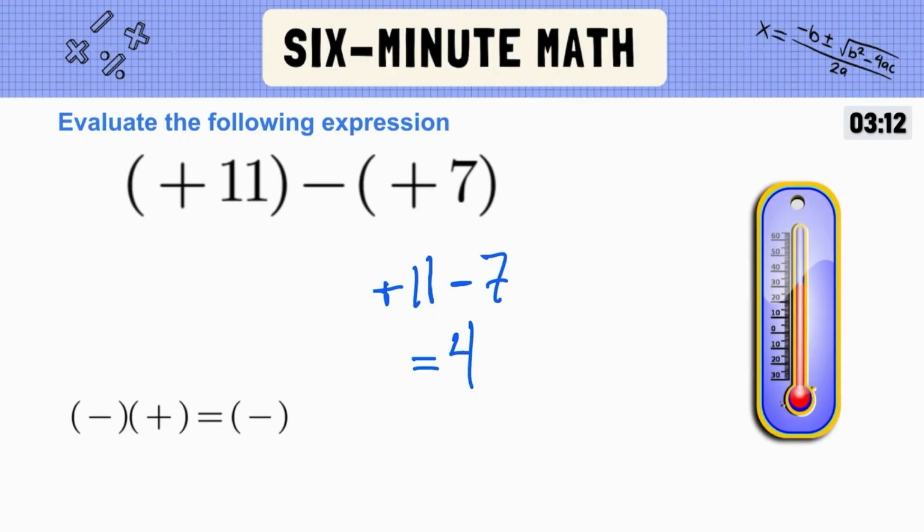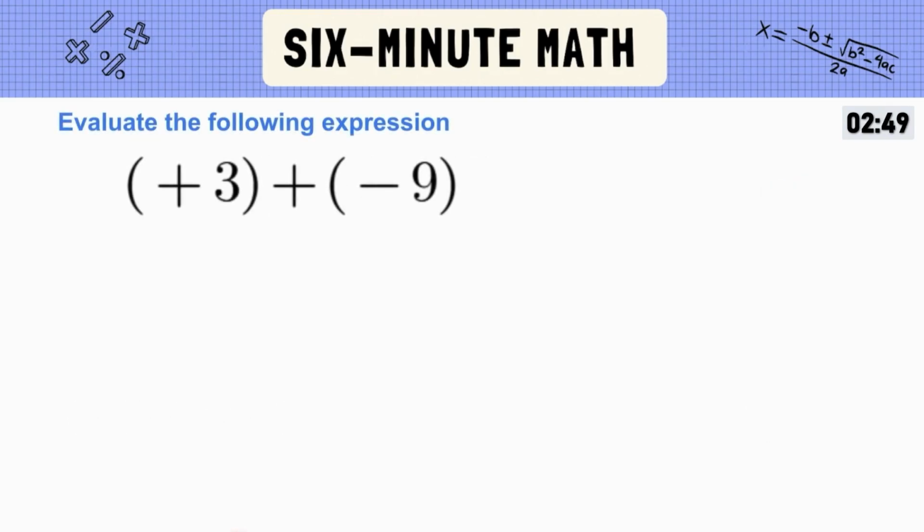Again, if I think about temperature, it is 11 degrees outside, and the temperature would go down 7 degrees. The going down is the negative. My new temperature would be 4 degrees, which is equal to the answer I have found.